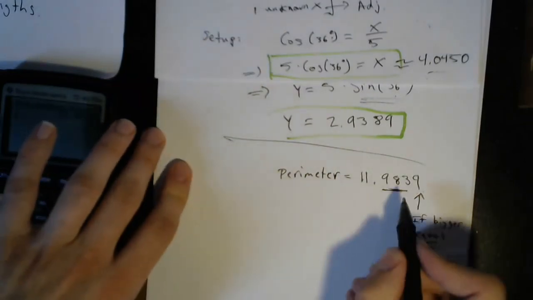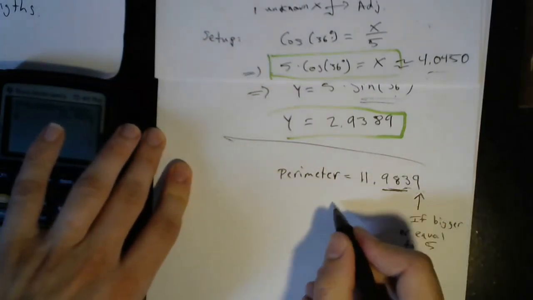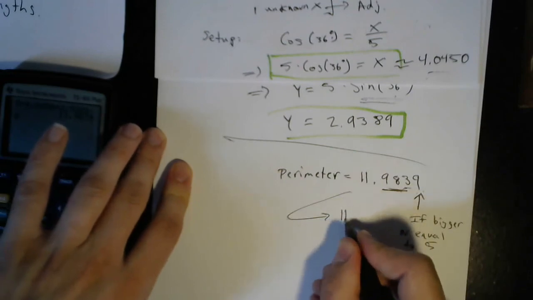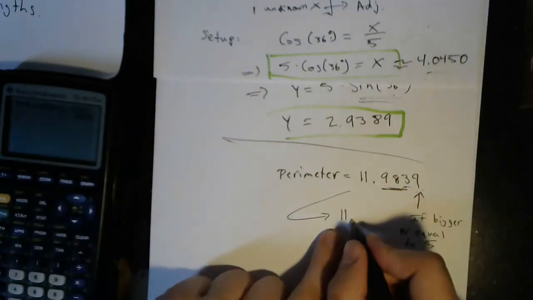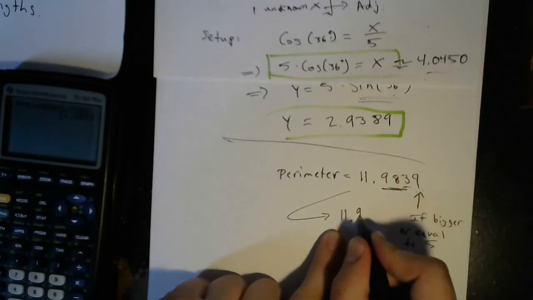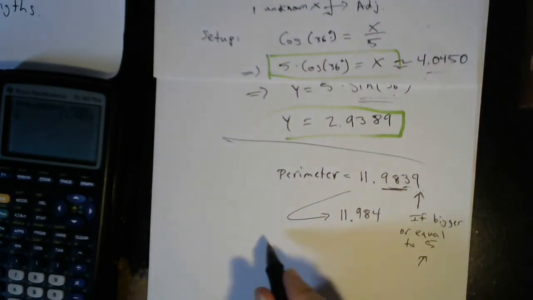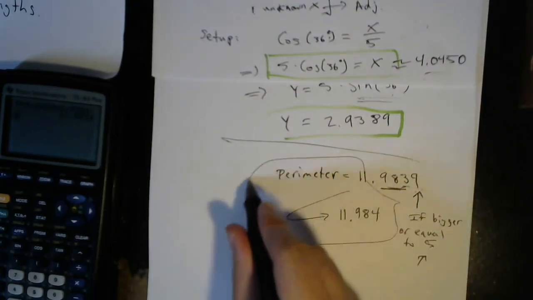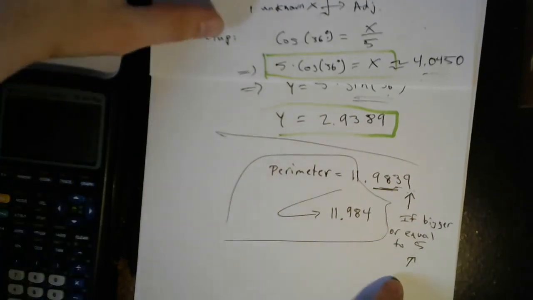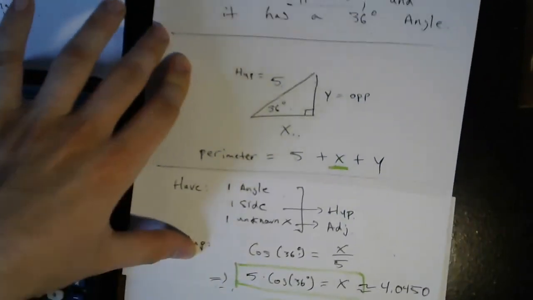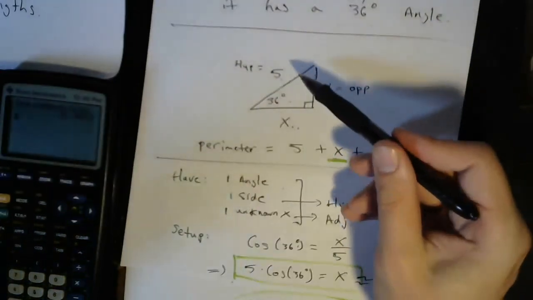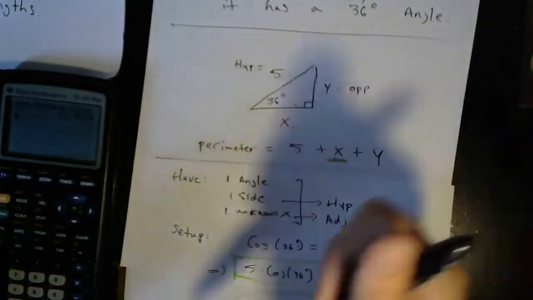So because this is a 9, we have to round that 3 up. And so our final Wiley approved answer is 11.984. And that is the perimeter of a triangle, even though we only had one side and one angle.